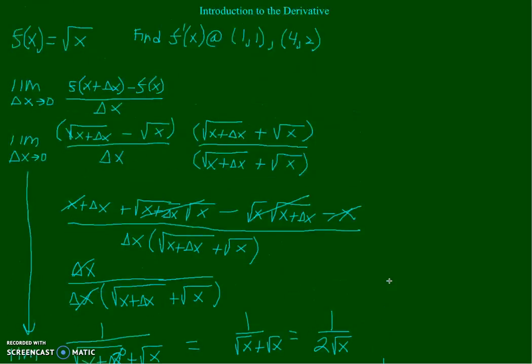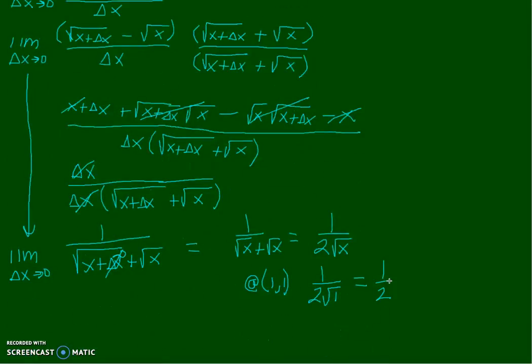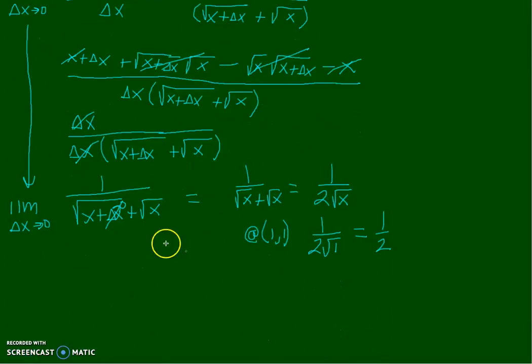And then at 4, 2, we have 1 over 2 times the square root of 4, which is just 2, so 1 over 2 times 2 is 1 over 4.